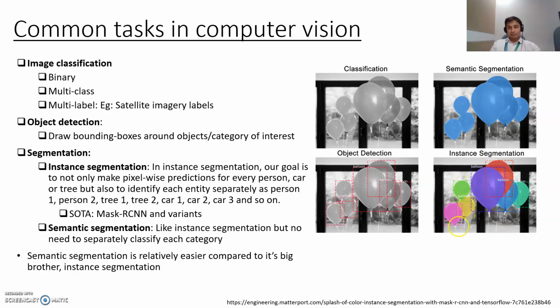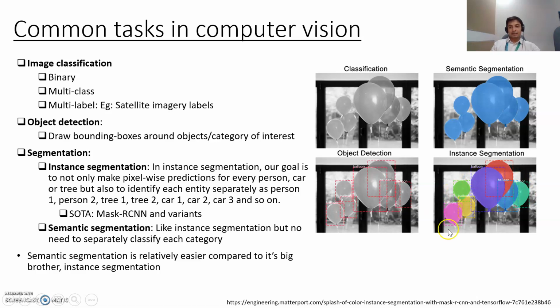Instance segmentation is not just making a pixel-level classification, but also identifying the various instances of that class. Here you see all the balloons are identified by doing a pixel-level classification, and are also identified by means of different colors.